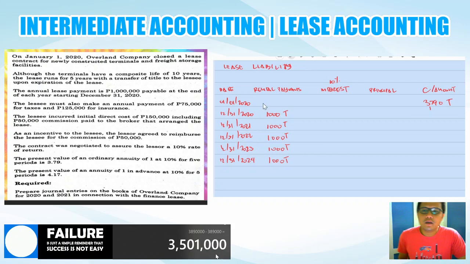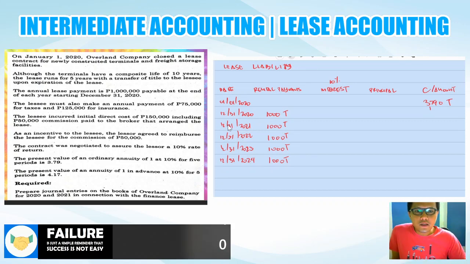So now, the interest expense on December 31, 2020, is computed as 3,790,000 times 0.10, so that is 379,000. 1 million less that 379,000, so the applicable payment to your carrying amount is 621,000. 621,000 is deducted from your carrying amount.